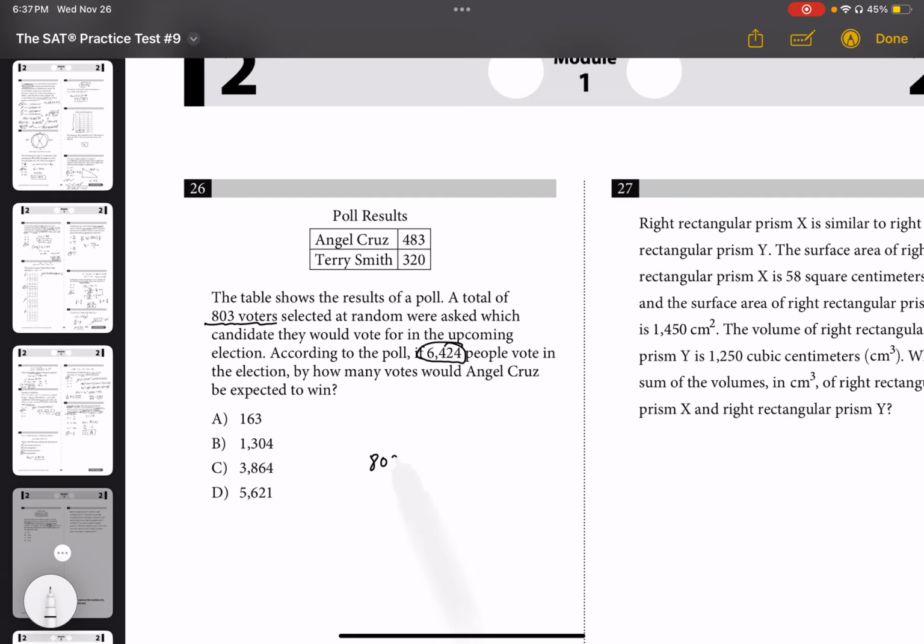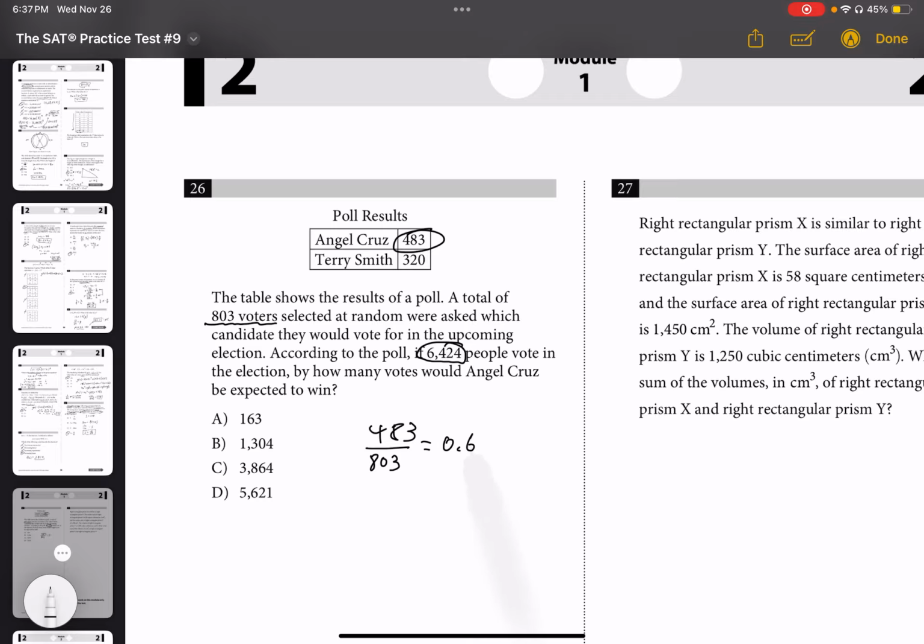So if we know there were a total of 803 voters, we're going to set that in the denominator and then set Angel Cruz's votes in the numerator, and then divide the whole thing by 803.